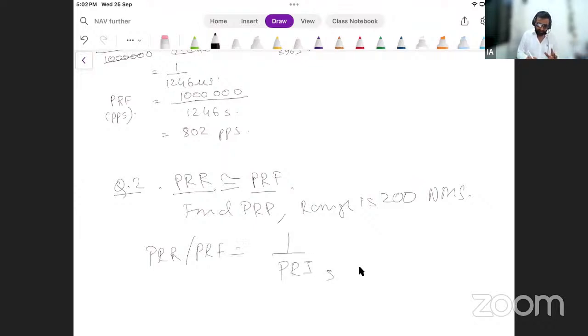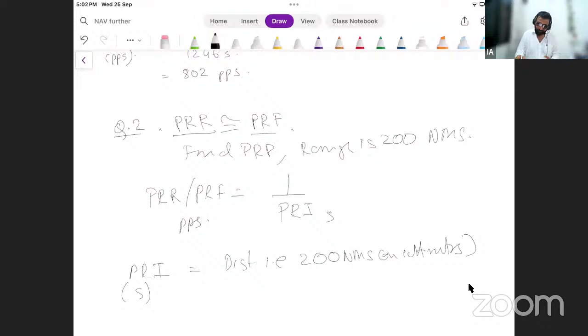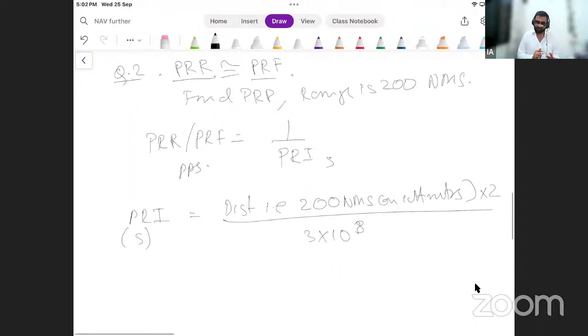Remember units, seconds, PPS. Same funda, PRI in seconds is equal to distance, that is 200 nautical miles converted into meters, into 2 upon 3 into 10 raised to 8, my speed of light, like this.